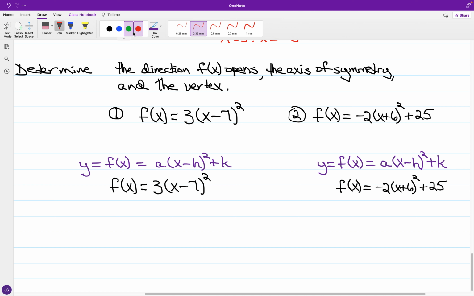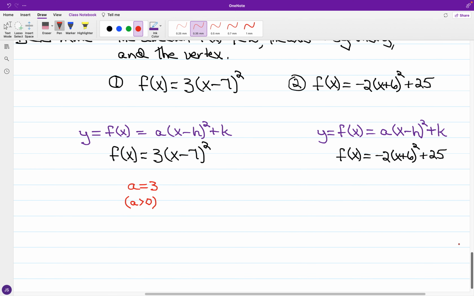First things first, a is equal to 3, which is positive. And any quadratic function that has a positive leading coefficient is going to have the graph open up from the vertex.